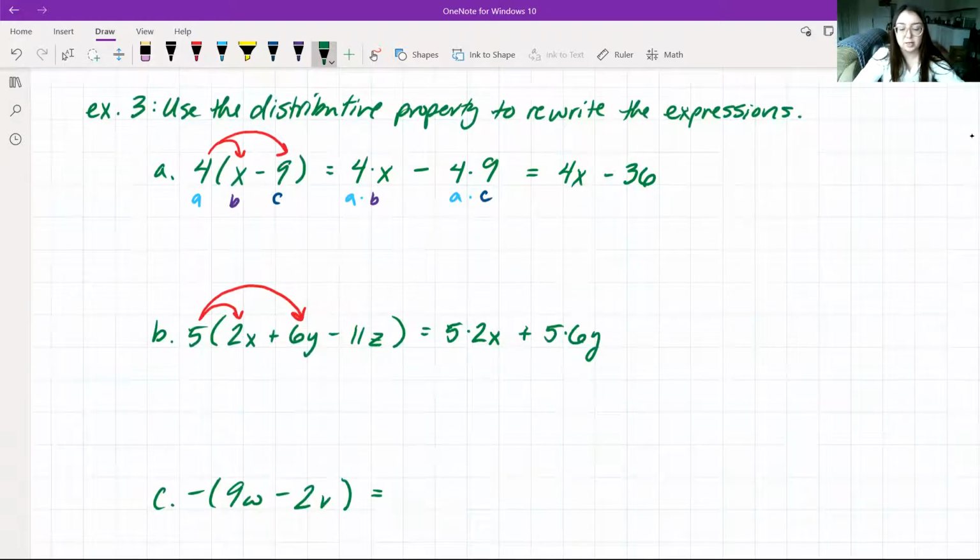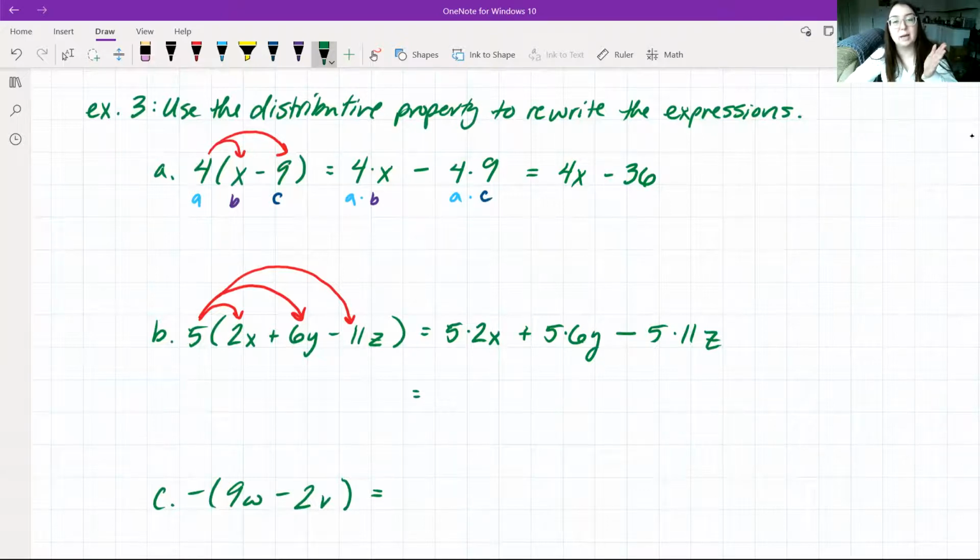Then our next operation is subtraction, so we add in subtraction, and we distribute to that final value. So we have 5 times 11z. And now we just want to simplify. 5 times 2x is the same thing as saying 5 times 2 times x.